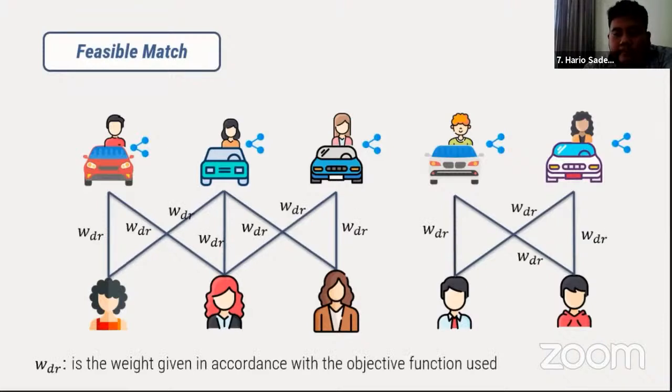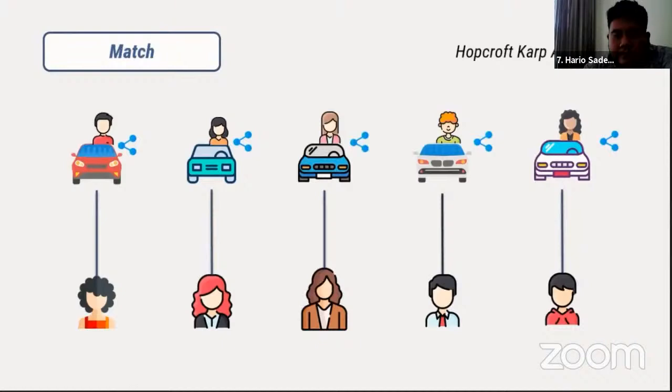The mathematical model of the ride-sharing matching problem is in the form of maximum weighted bipartite matching. The Hopcroft-Karp algorithm will be used in this paper because the algorithm aims to find the maximum cardinality of the number of pairs that match according to the objective function, to maximize the number of matched pairs in ride sharing.